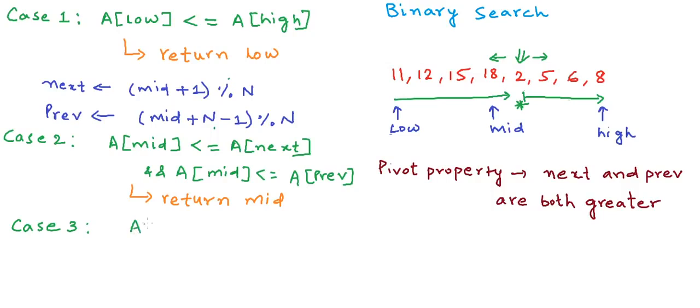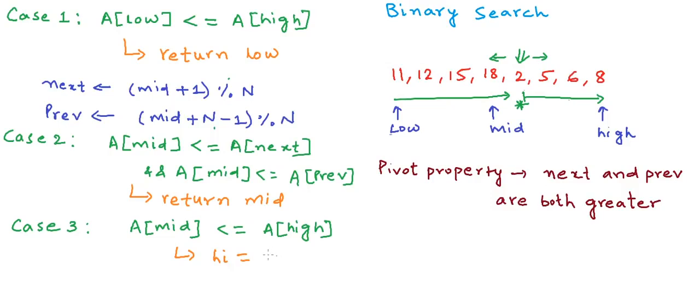If the middle element, the element at mid index, is less than or equal to the element at high index, then the segment starting at the mid index and extending right till the high index, this whole segment is sorted and the pivot cannot exist in the right segment. So in this case, we will say that we need to search for the pivot in the left half.